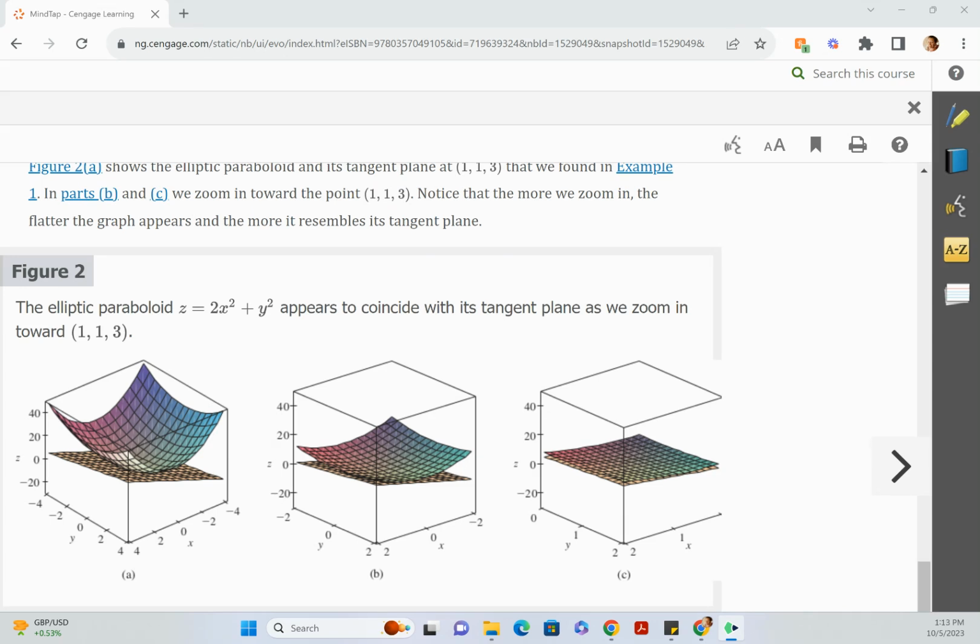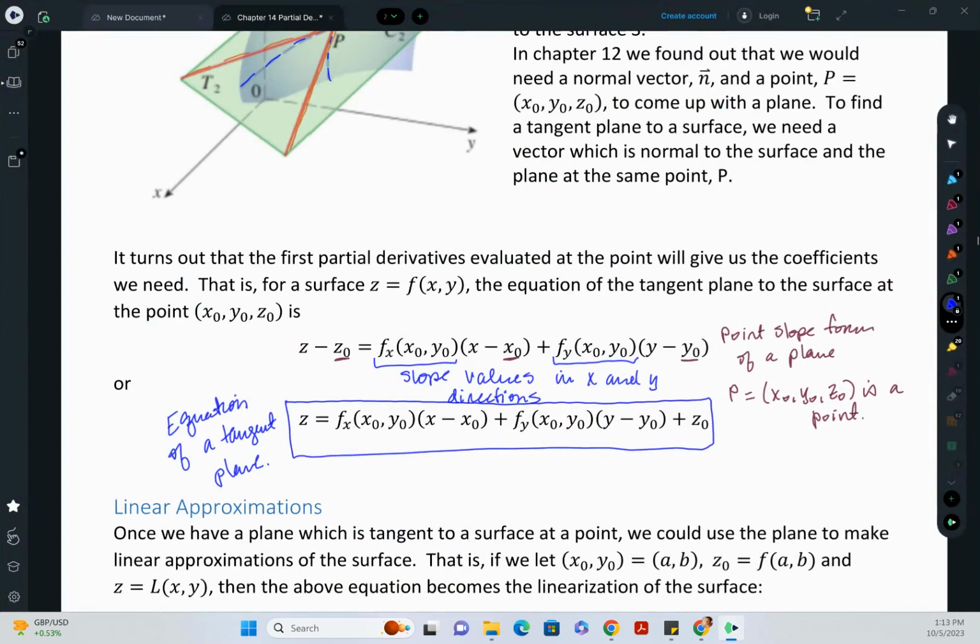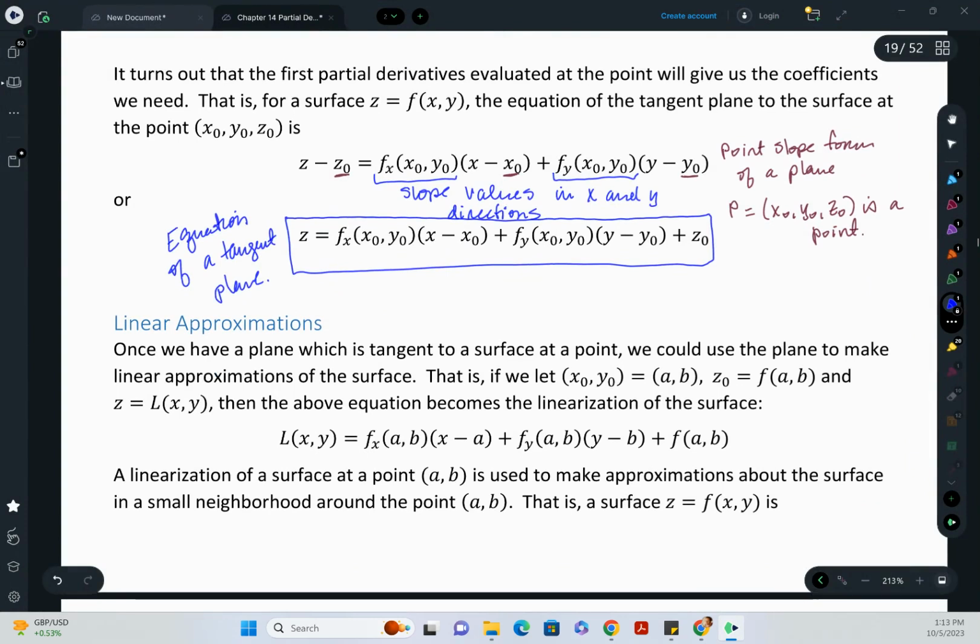They're almost identical, but not quite, ever so slightly off from each other. And so this next section about linear approximations, I want you to understand that we're not calculating anything different from the equation of a tangent plane. So don't think that you need to memorize two things when they are really the same thing, okay?